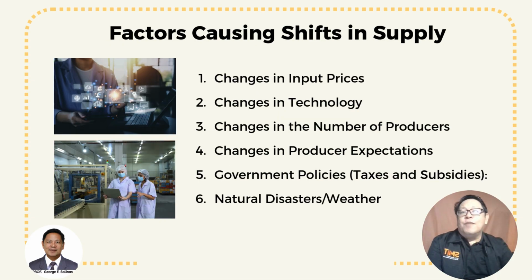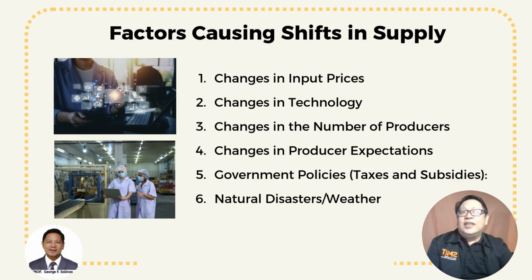We will now talk about the six factors that cause shifts in the supply curve. Factors that cause the entire supply curve to shift, whether there is an increase or decrease in supply, include the following. The first factor is changes in input prices.